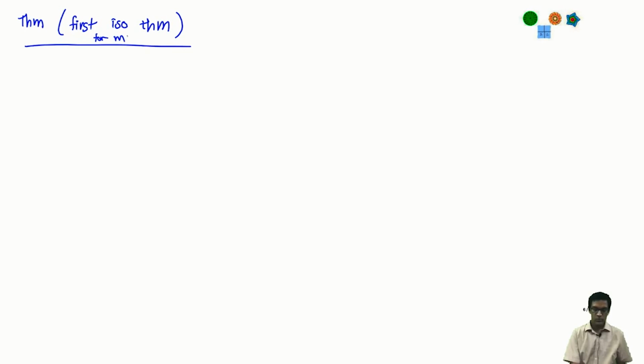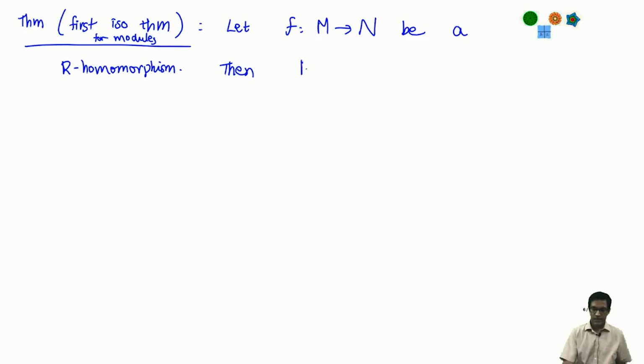It says that if f from M to N is an R homomorphism, then M modulo the kernel of f, that's the quotient module M mod the kernel, is isomorphic to the module image of f.